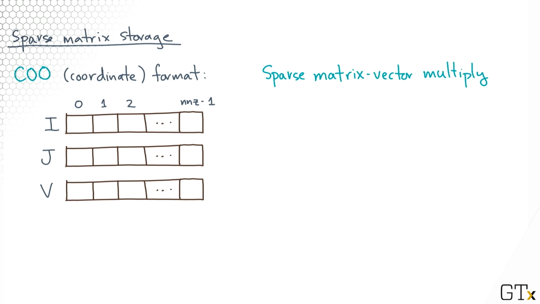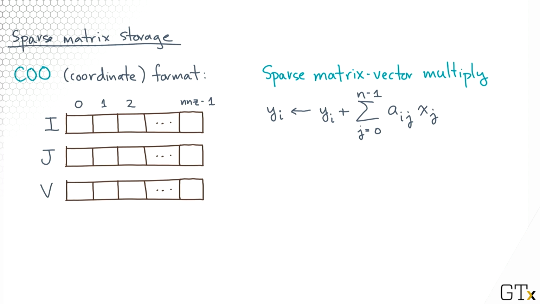Now, suppose you want to multiply a vector by this matrix. So given two vectors, x and y, and a matrix A, compute y gets y plus A times x. In scalar form, for each element of the output, y_i, you would compute a dot product between row i of matrix A and the vector x.